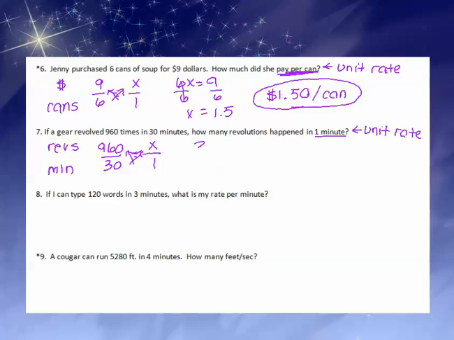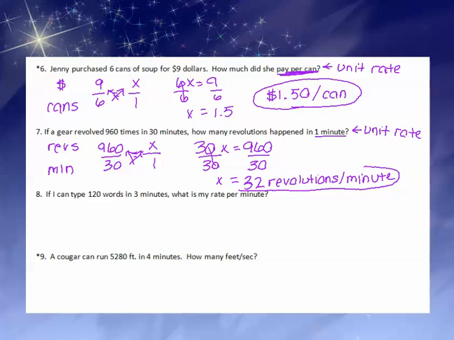Cross multiply. 30x equals 960. Divide by 30 on both sides, and I'm left with x is equal to 32 revolutions per minute. And that's my final answer. Remember, you get the label for it from the side over here, whatever's on top per what's on the bottom.